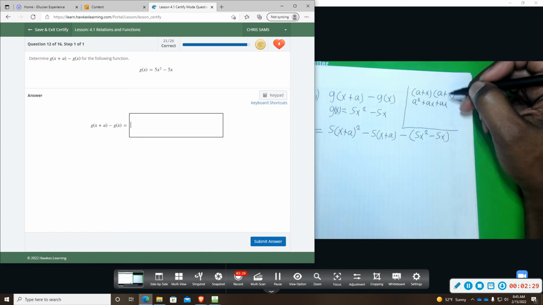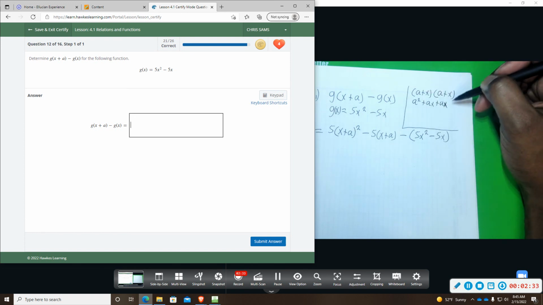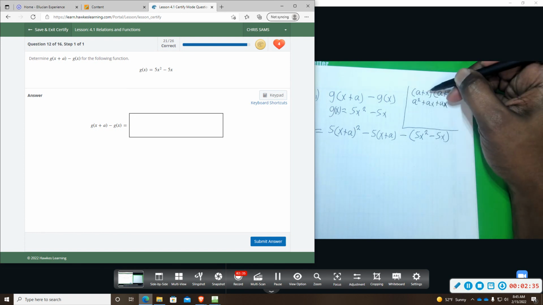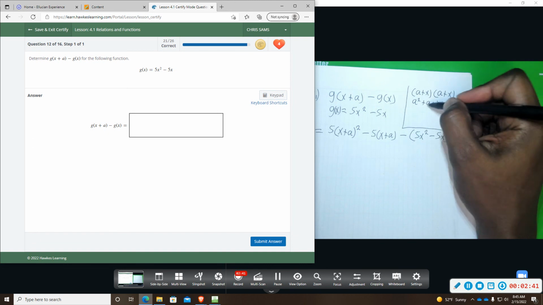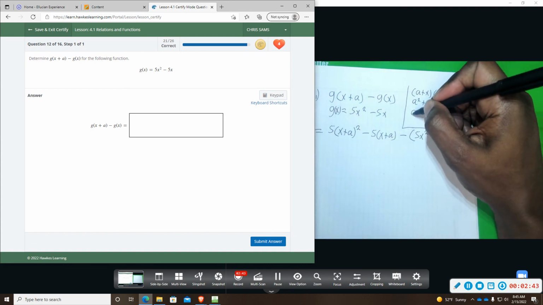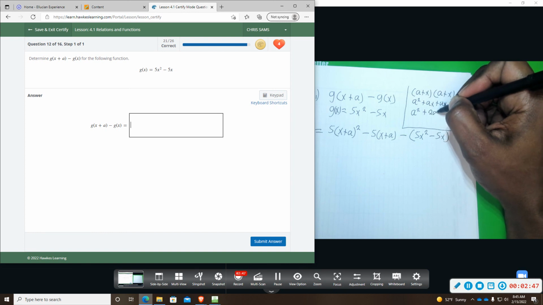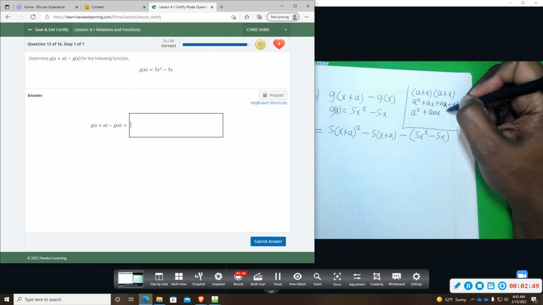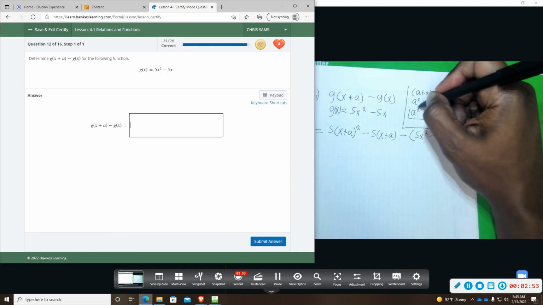I just normally put them in alphabetical order so that each term is the same. x times a is the same as a times x. And then we do x times x, and that will give us a positive x squared. And then in the middle we have like terms, so we get a squared plus 2ax plus x squared. So this is what we get for this term.